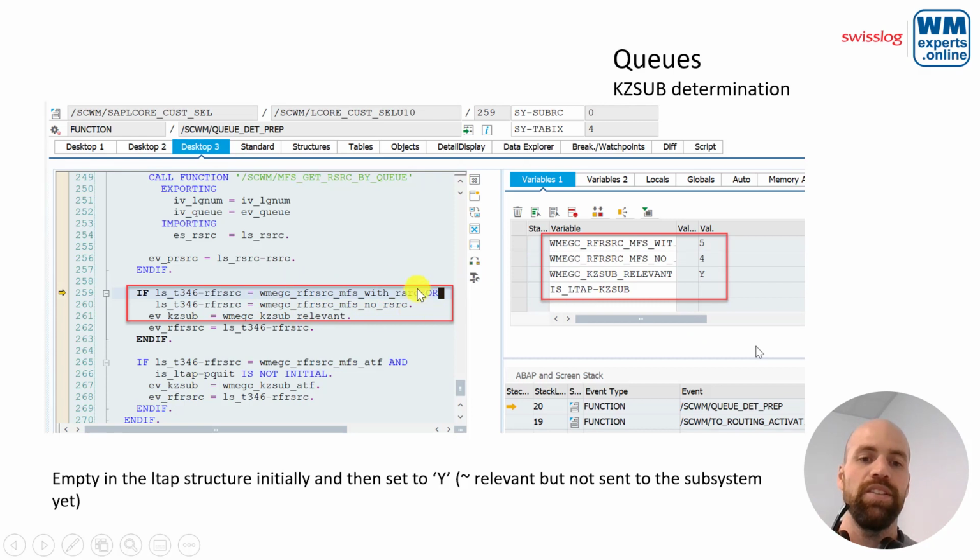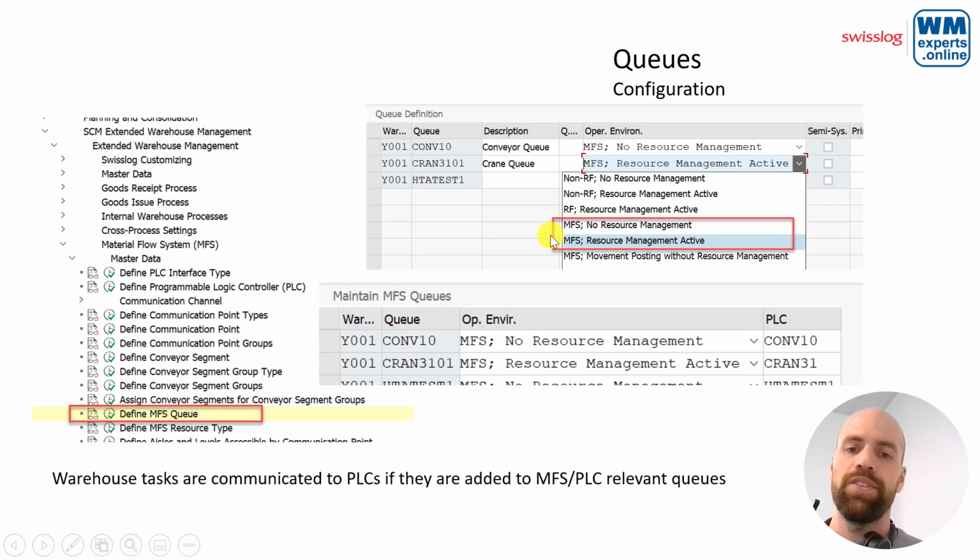You see these two constants here are the two operating environments that you saw one or two slides before, where the MFS relevance is set. So these are constants 4 and 5 here. I go back for you two slides here. These two guys here.